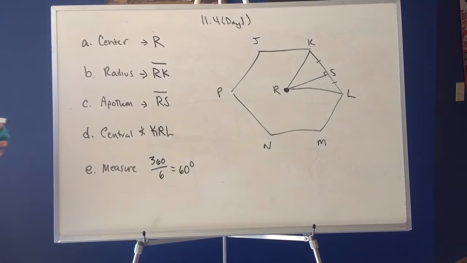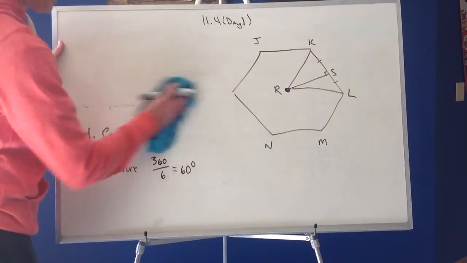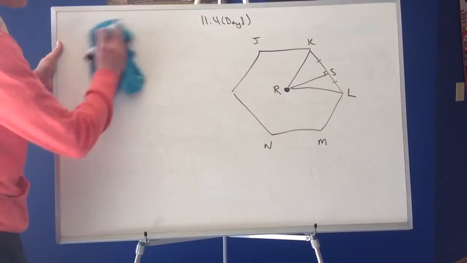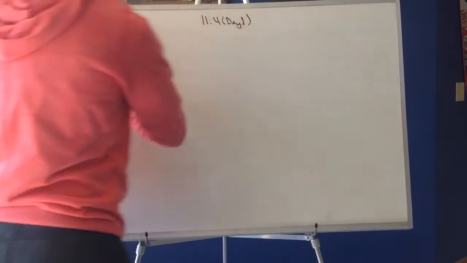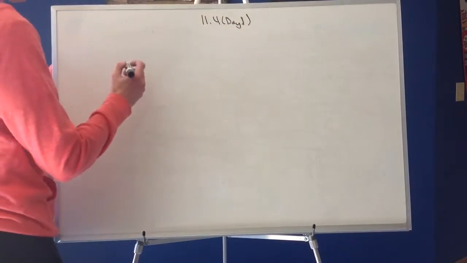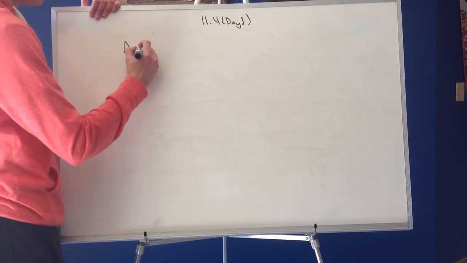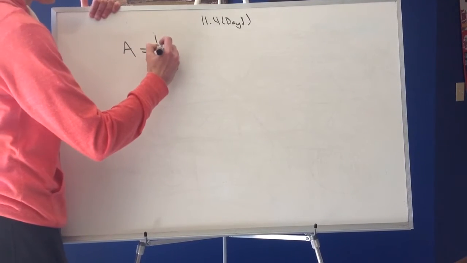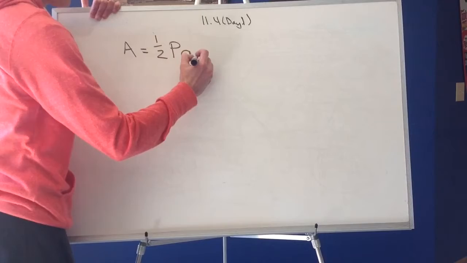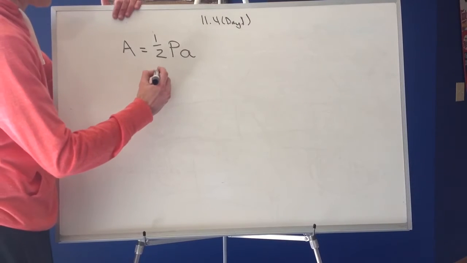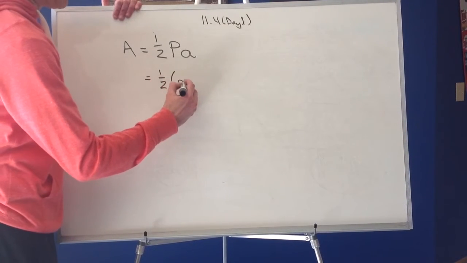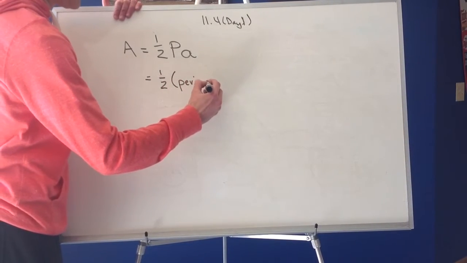So that's the new vocab that we've got, and then we're going to go ahead and look at these shapes. To find the area of a regular polygon, our formula is area equals 1/2 PA. And I do put a capital P there, and the reason is it stands for the perimeter of the entire shape.